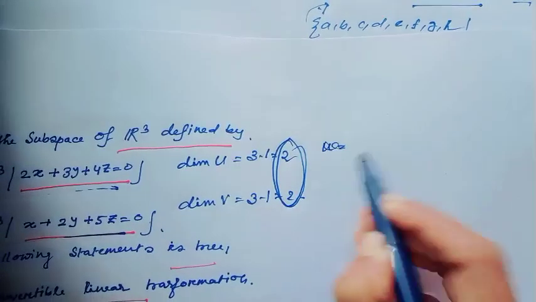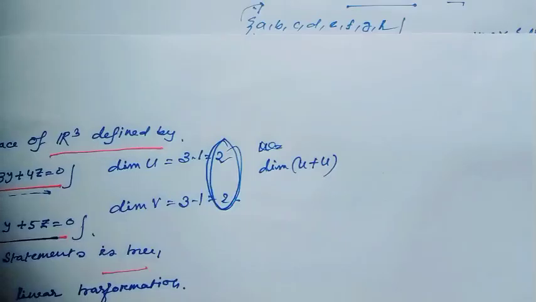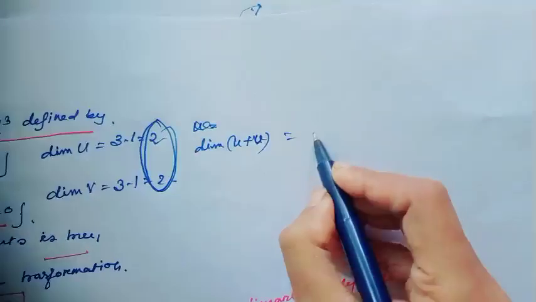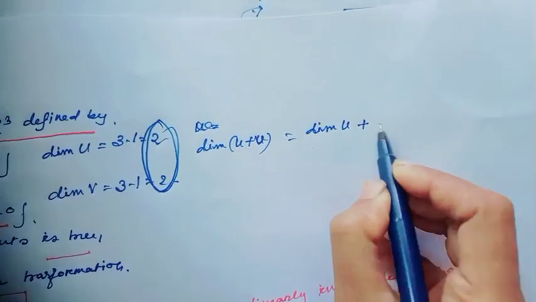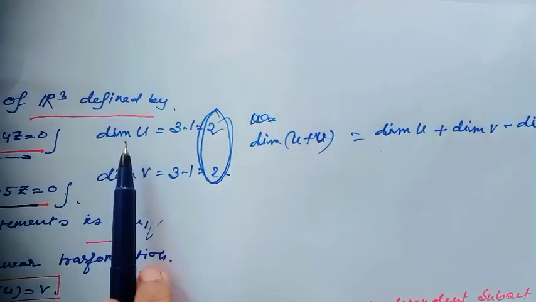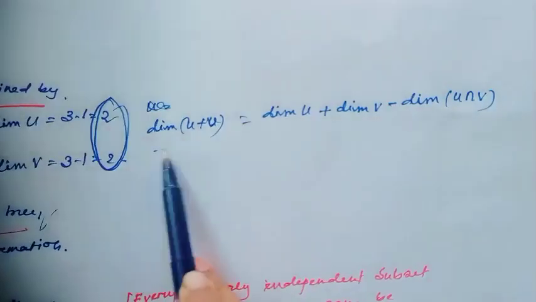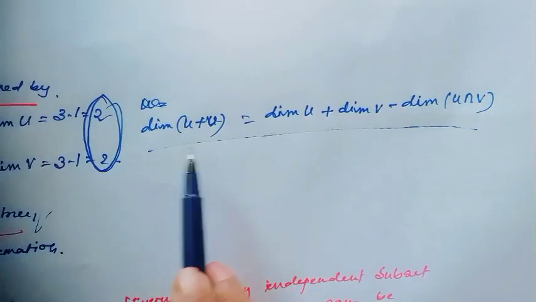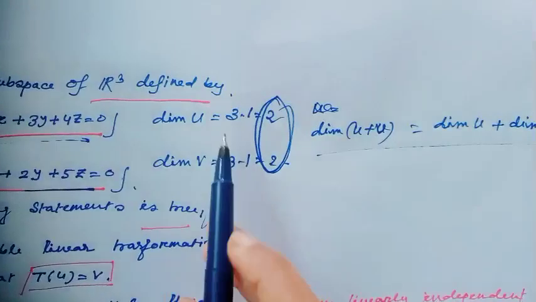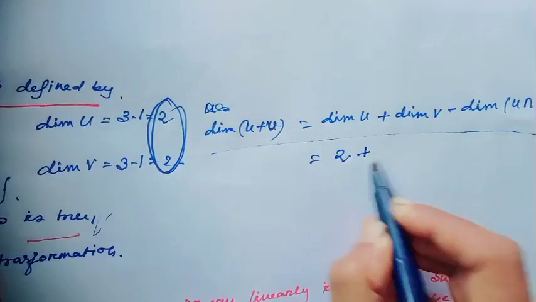Because dimension of U plus V, as all of us know from this theorem, is equal to dimension of U plus dimension of V minus dimension of U intersection V. In U and V there always exists one common solution, because by this theorem we can tell easily, since both dimensions of U and V are 2, this would be 2 plus 2, 4.